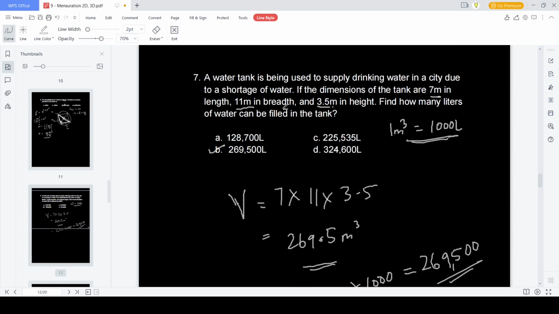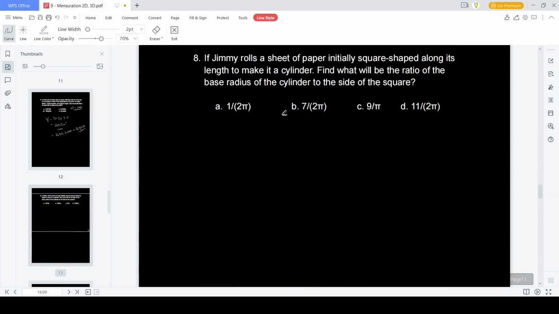Fine. Next question. If Jimmy rolls a sheet of paper, initially square shaped, along its length to make a cylinder. He rolled this paper to make a cylinder. Find out the ratio of the base radius of the cylinder to the side of the square.